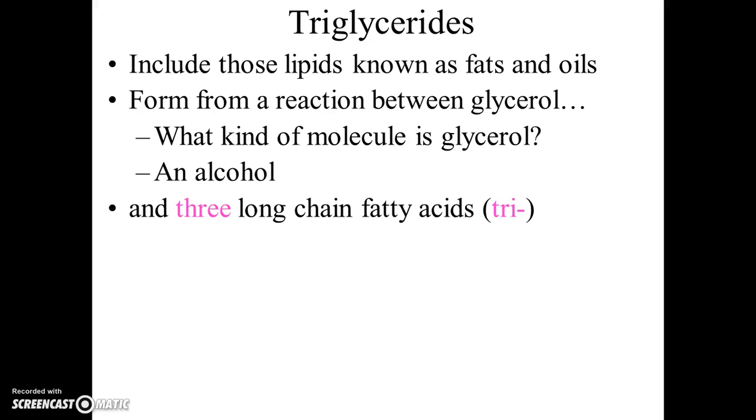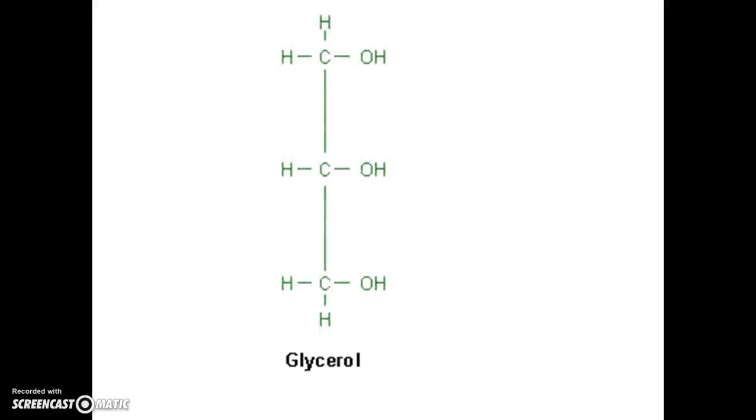So triglycerides form from a reaction between glycerol and 3 long-chain fatty acids, hence the prefix tri. So that is your glycerol there. It's a 3-carbon backbone. It has 3 hydroxyl groups and then the surrounding hydrogens.